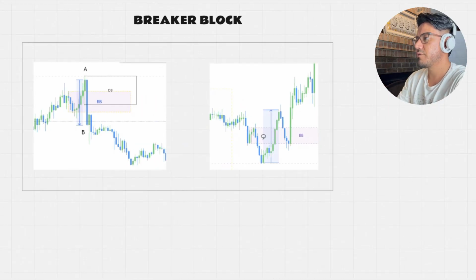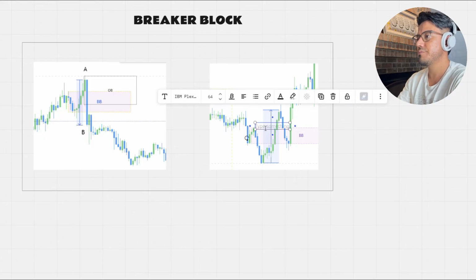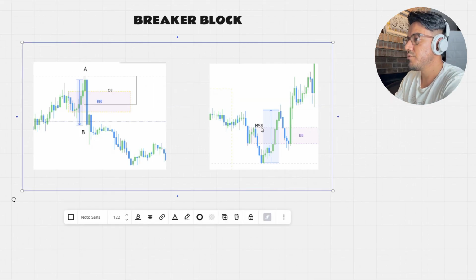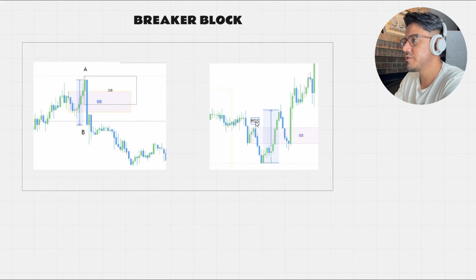And let's talk about this bullish one. Price is trading lower low, lower high, and then lower low. Now there is displacement through this key level, which is creating a market shift. So we got a market structure shift at this level.